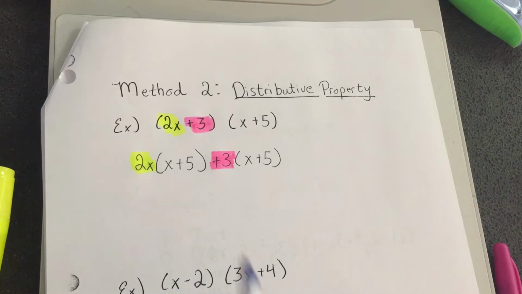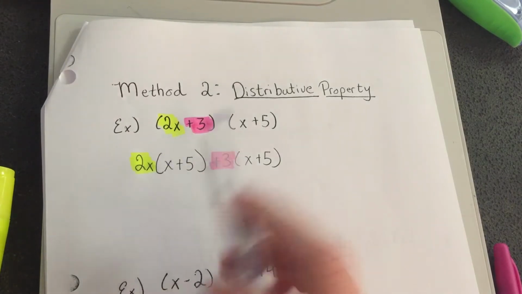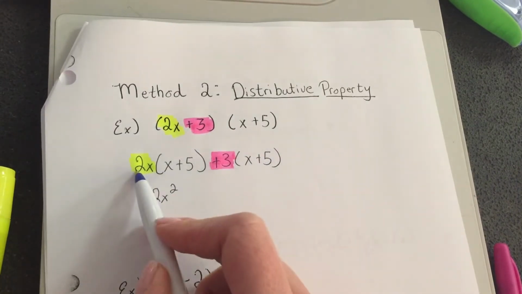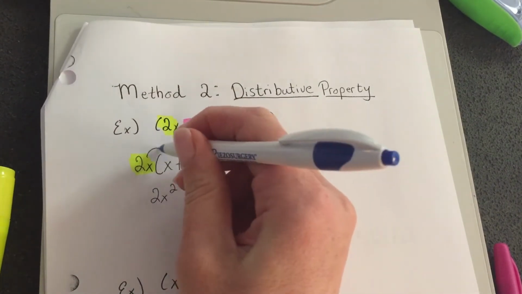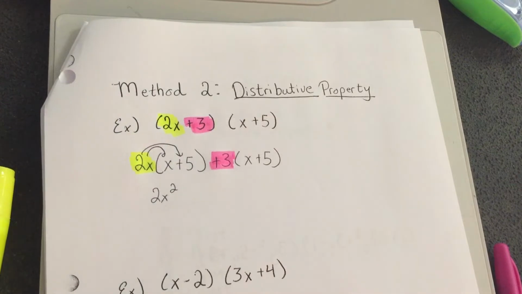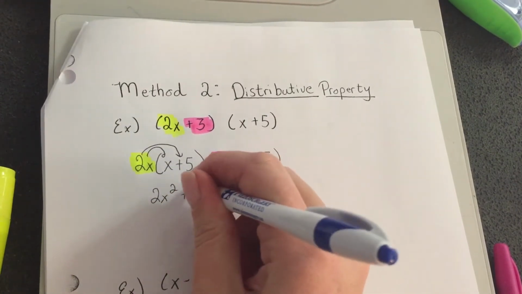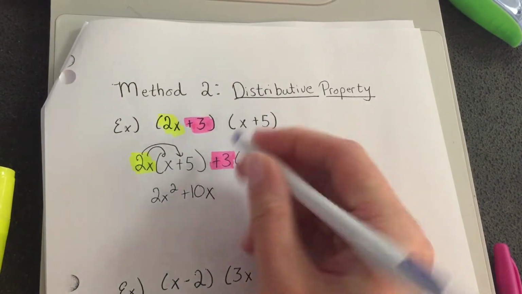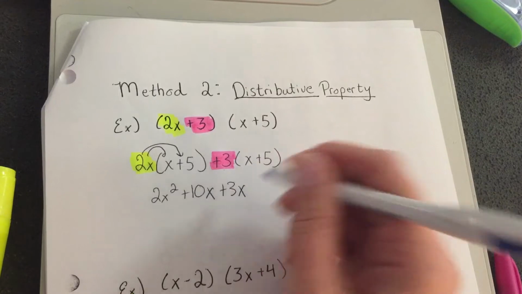Now we're just going to distribute. 2x times x gives us 2x squared. 2x times 5, because remember we're distributing just like we've always learned how to do, is plus 10x. 3 times x is plus 3x.